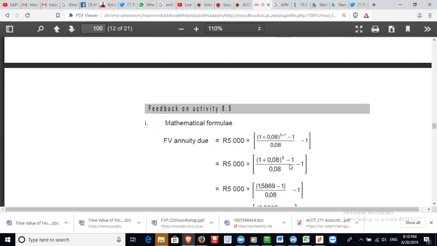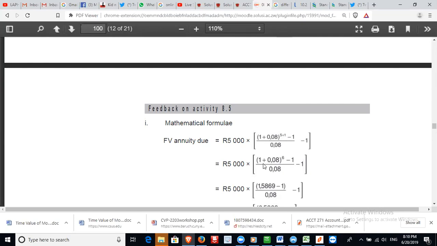Then we say 5,000. You need to calculate this step by step. Don't just put everything at once. Calculate section by section. So I advise you, calculate the first section first, of saying 5 plus 1.